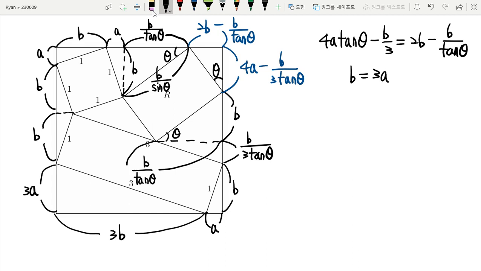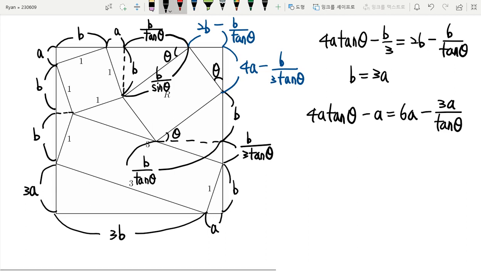So the equation is converted to, and we can cancel all a's.